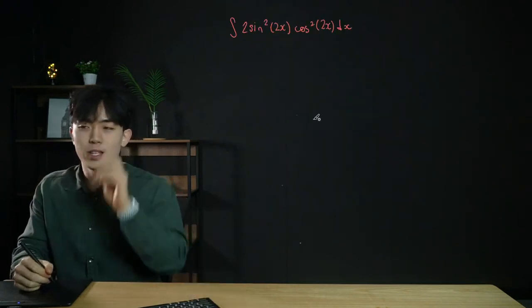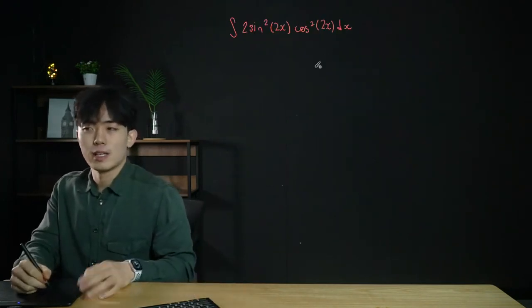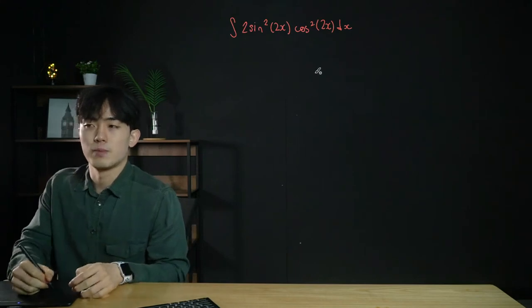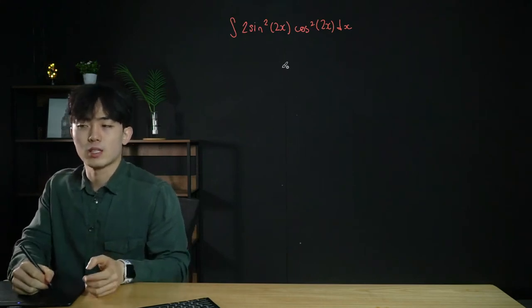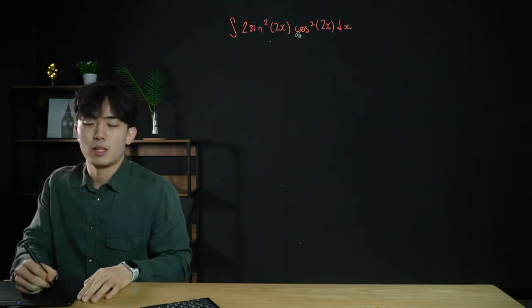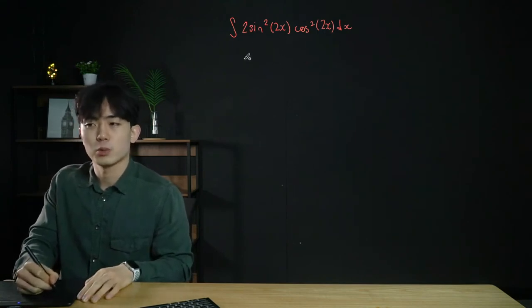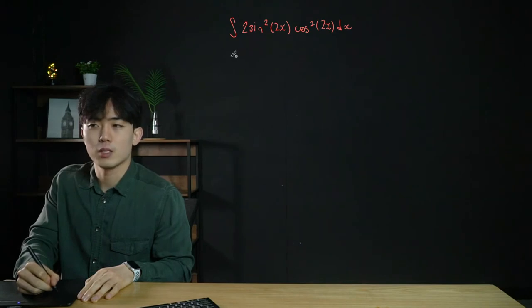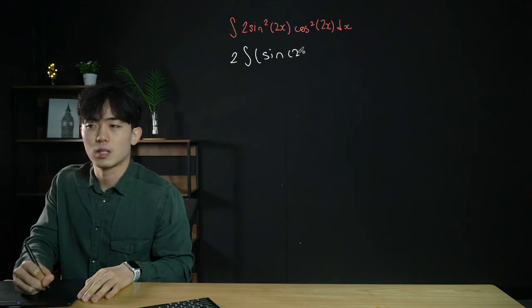Moving on, this question has all the methods we've learned so far. It's got a bit of both, including the double angle formulas. This may seem a bit tricky to do, but we just want to simplify a bit. So we'll take the 2 out, and because they're both squared, I can rewrite it as (sin 2x cos 2x) all squared.